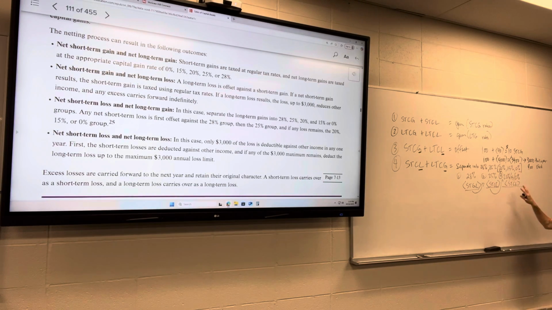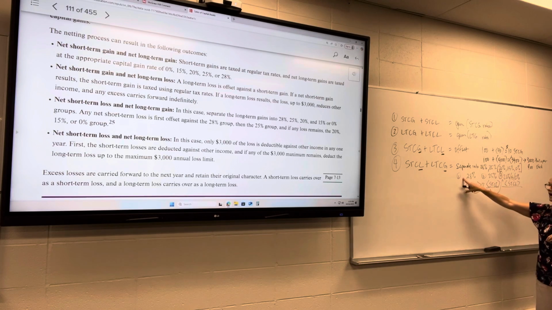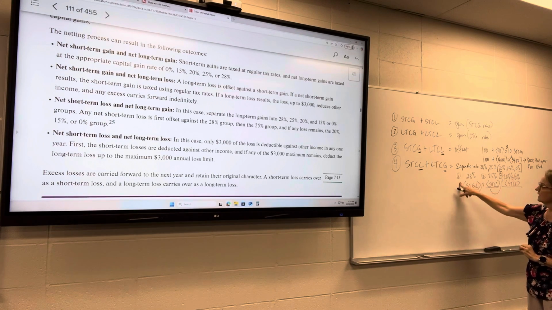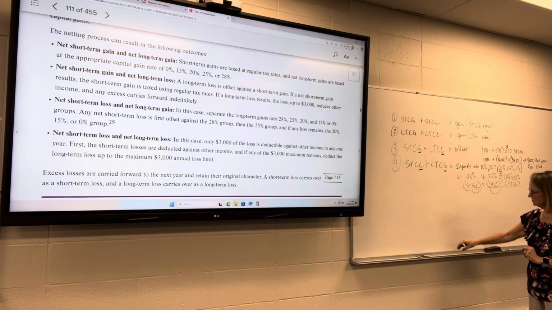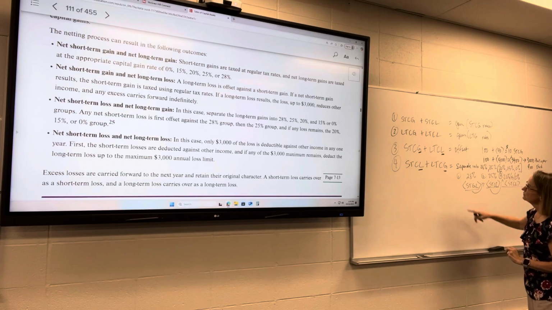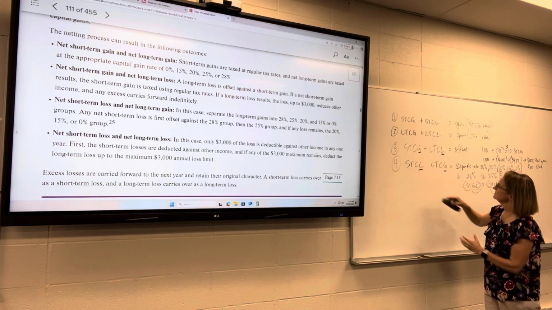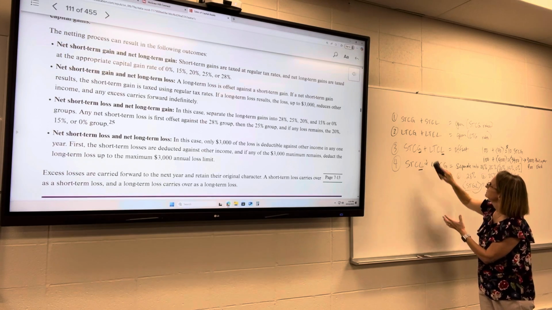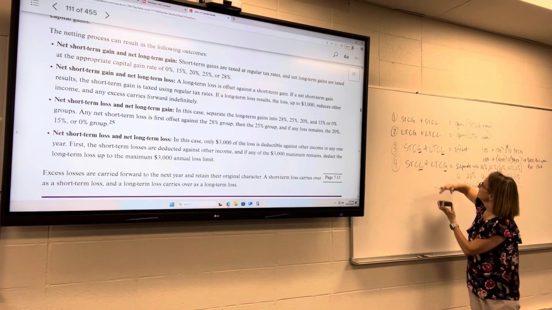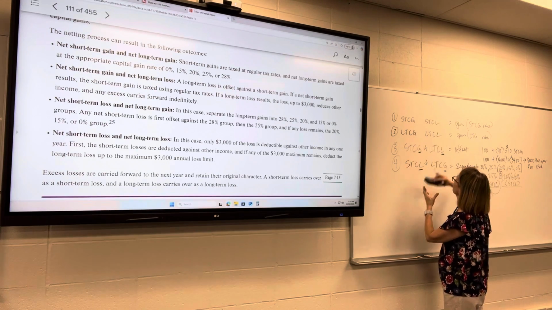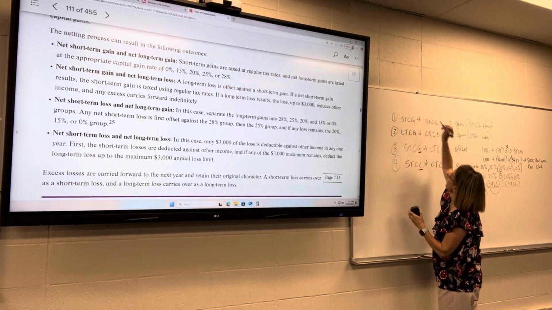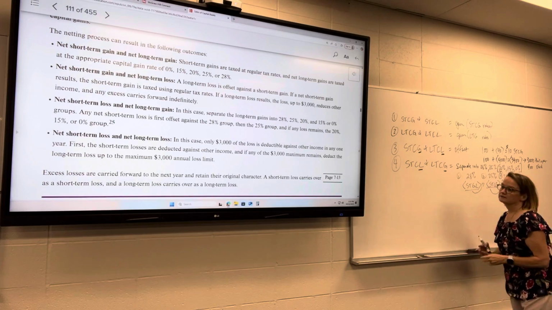Like I said, this reduces first our higher tax rate items. I shouldn't say plus; it should be an "and," not a plus. Sorry, it looks like a plus, but it's an "and."